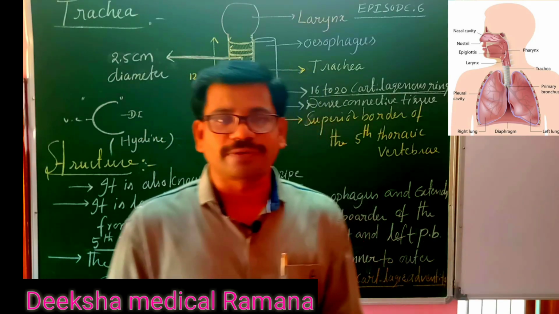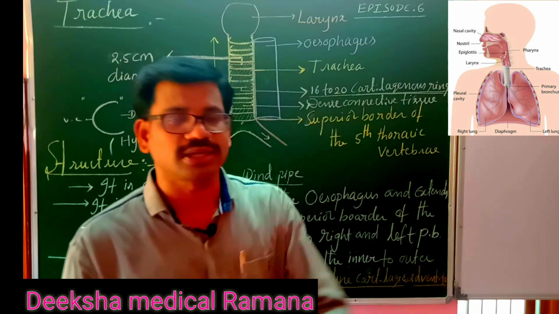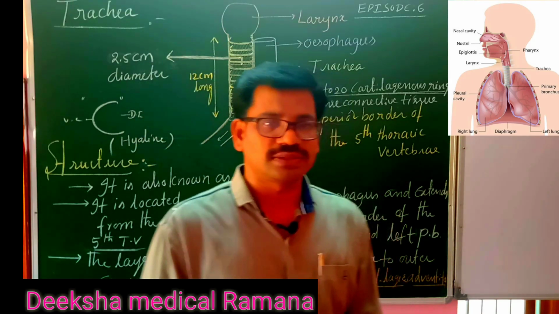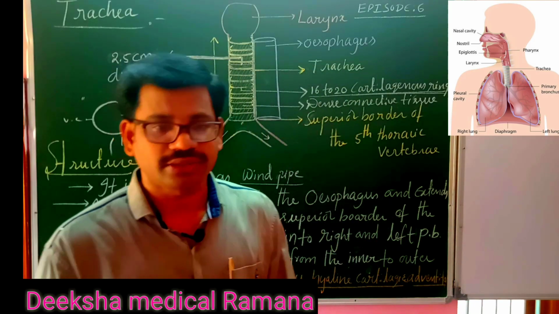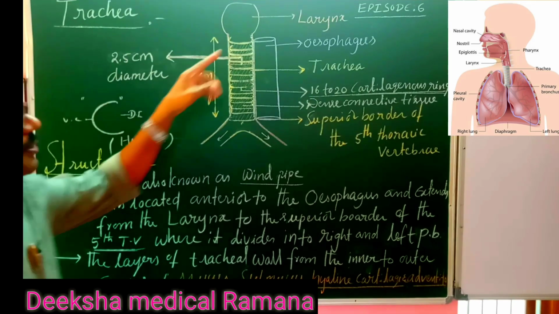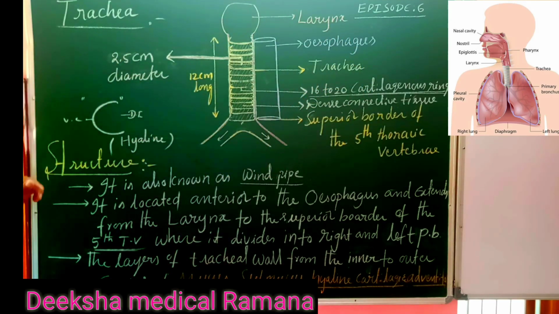We have studied up to the pharynx in the previous lectures, regarding the external nostrils, nasal cavity, internal nostrils, pharynx and larynx, right? Today we are going to talk about the continuation of episode 6, that is the trachea.